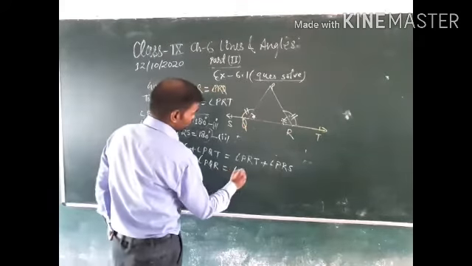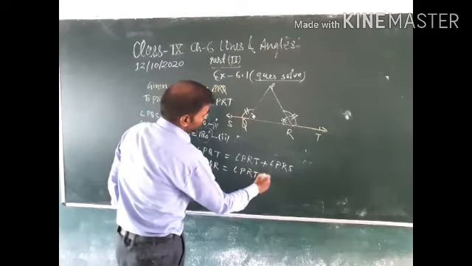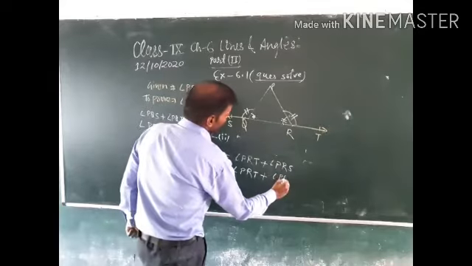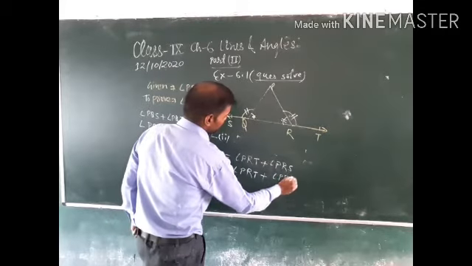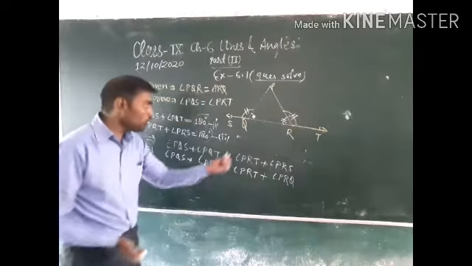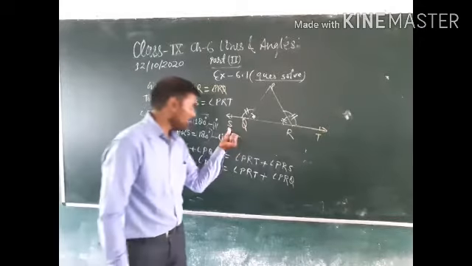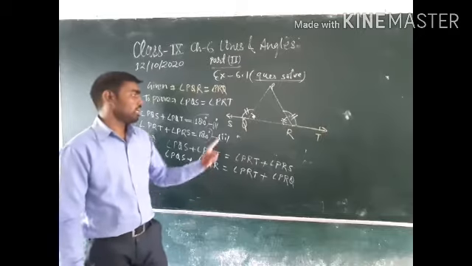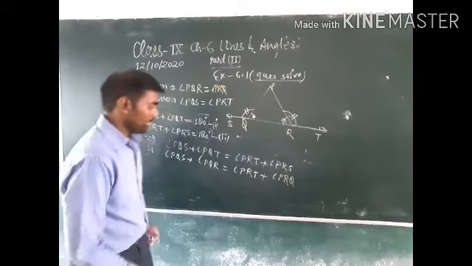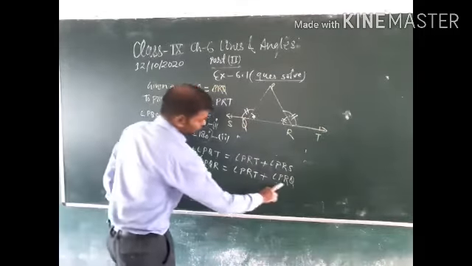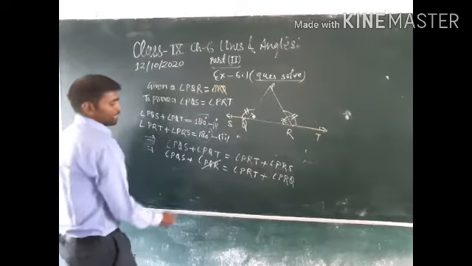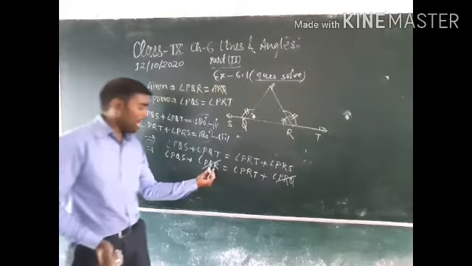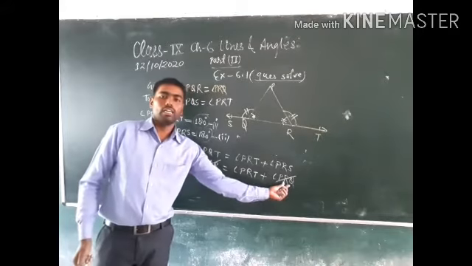PQR is equal to PRT plus PRS, which can be written as angle PRQ, because Q is also lying on line ST. This part and this part are cancelled out because PQR is equal to PRQ.